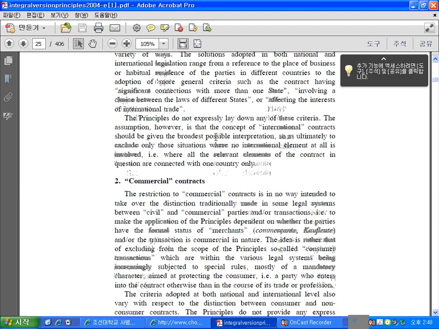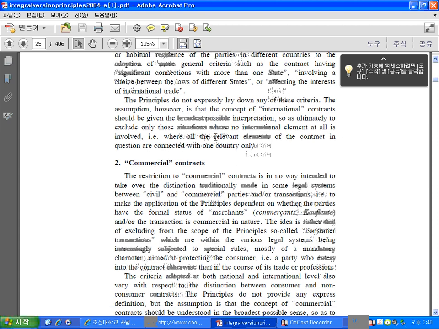Very intriguing nature and comprehensive, it is kind of a domestic civil or commercial code. Then what are commercial contracts?